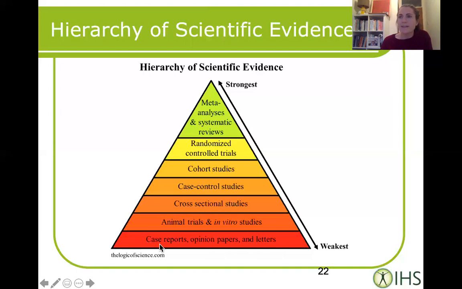Case reports are where a healthcare professional will document what they've seen in their practice. For example, Sarah Myhill is a doctor who specializes in chronic fatigue syndrome. The field of research around CFS or ME/CFS is growing, but up until recently there wasn't a lot of research.